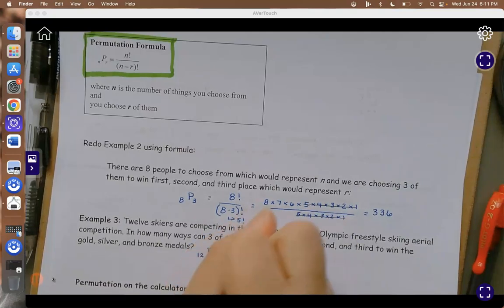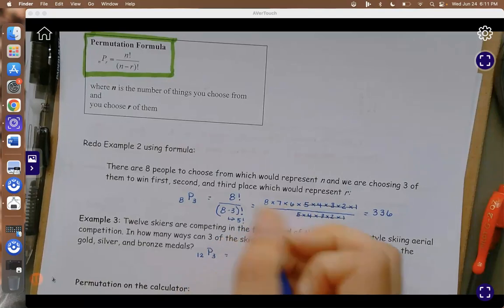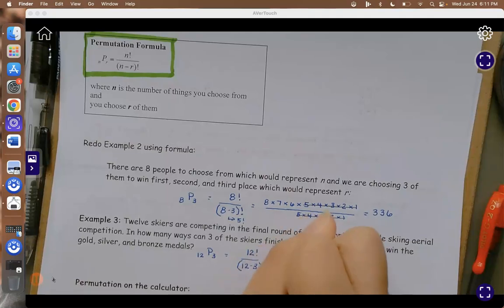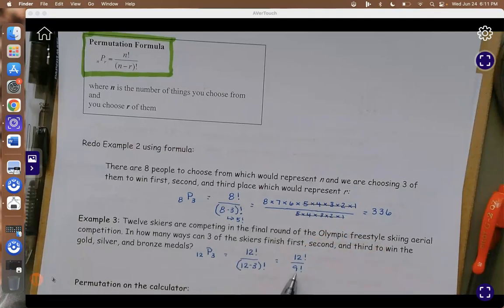So we're going to have 12 factorial over 12 minus 3 factorial. So this is 12 factorial over 9 factorial. So remember down here you've got 9 times 8 times 7 times 6 on down.